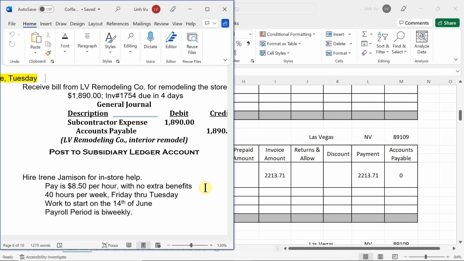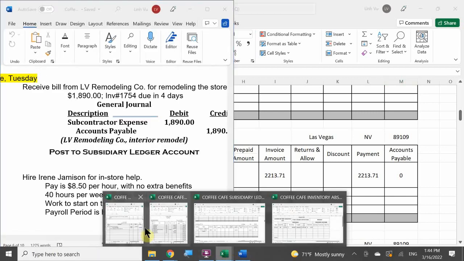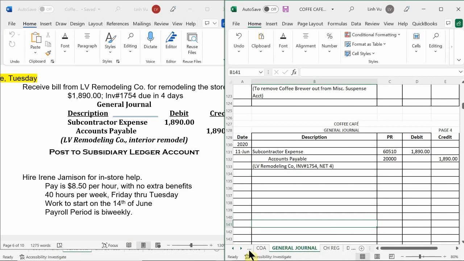Okay. Friday through Tuesday. So that means she's scheduled to work Friday all the way to Tuesday. So her days off are Wednesdays and Thursdays. Okay. And of course, she's scheduled to start work on Friday, the 14th of June. Okay, so if you check your calendar on your journal here, I have a calendar on this one.